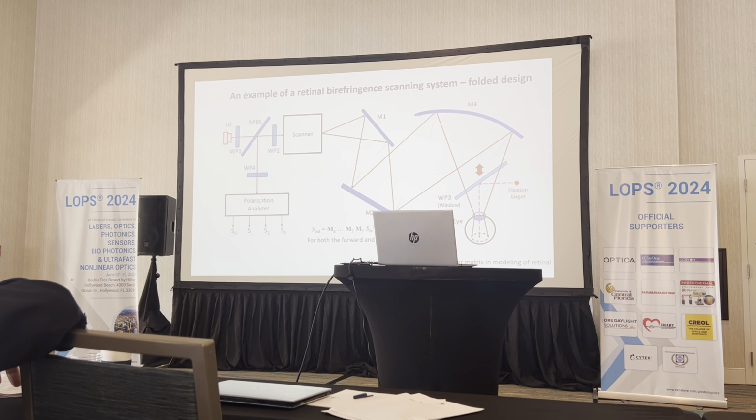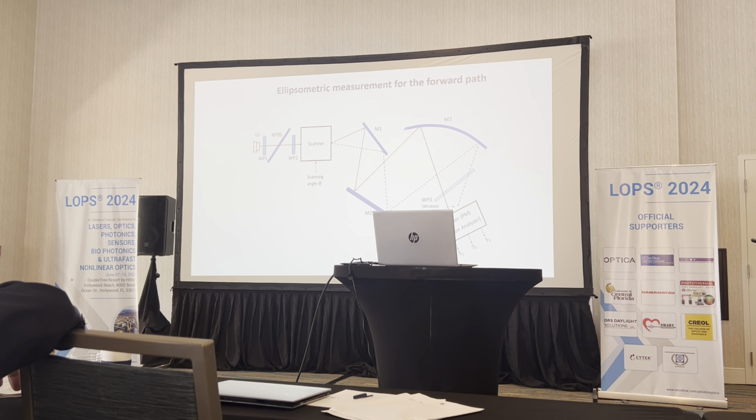Rather than using a polarimeter, which costs $6,000, $7,000, $8,000, $10,000, and is not very fast either, what we do here is an ellipsometric measurement by simply using several scanning angles.